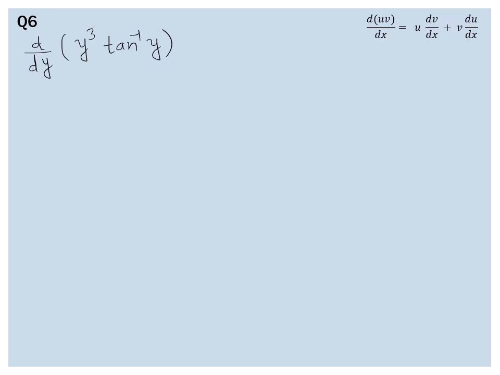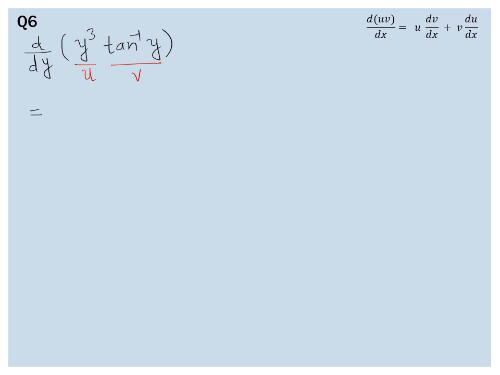So again defining u and v. On the same lines, y cube, that is algebraic function, is u, and tan inverse y, inverse trigonometric function, we are taking it as v.